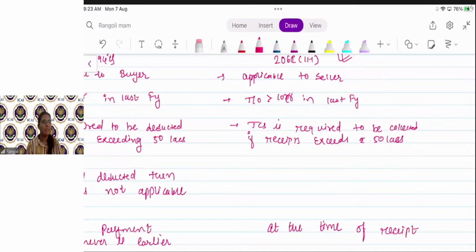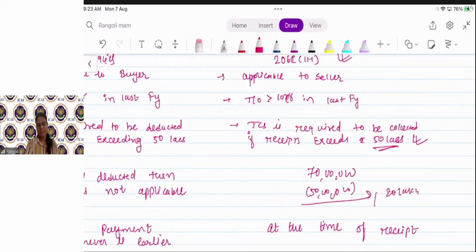So on exceeding 50 lakh, the value is 70 lakh minus 50 lakh, which comes to 20 lakh, Varsha. TCS is required to be collected on the amount exceeding 50 lakh. So Reliance will receive 70 lakh. The threshold is 50 lakh. So on 20 lakh, Reliance will collect TCS at the rate of 0.1%.